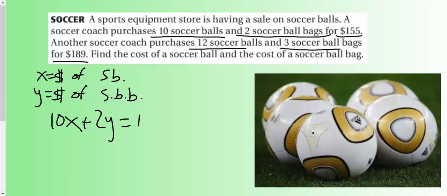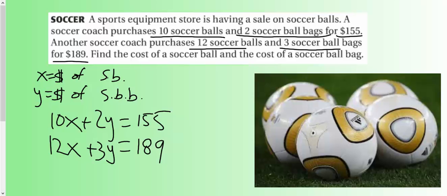That is a total of $155. Now the other coach buys 12 soccer balls and 3 soccer ball bags, and that coach spends $189. So sometimes they're as simple as just reading the sentence and they're written right there. Now then once you're at this part, then you can use elimination. But that's how you set up a problem like that. Define the variables, write your equation, then solve.